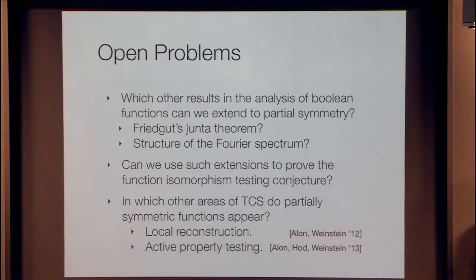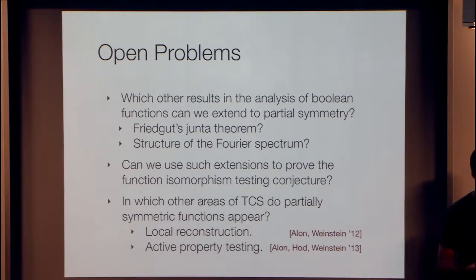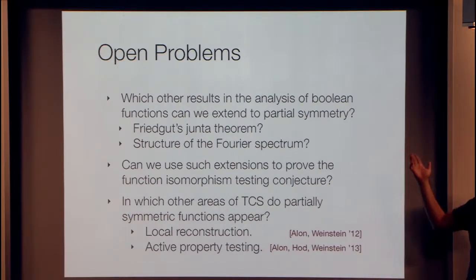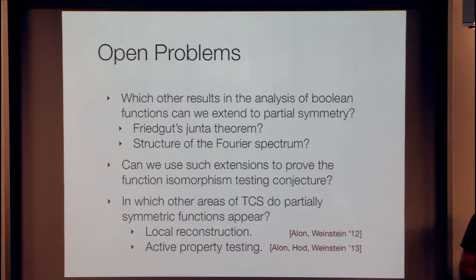The first one is, even if you don't like function isomorphism testing, I hope I've convinced you at least a little bit that partially symmetric functions are kind of nice. They're a natural class of functions. It would be great to understand them better. Are there any results that we have over regular functions for which we can get analogs when we look at partial symmetry?